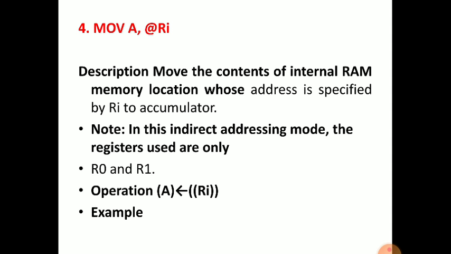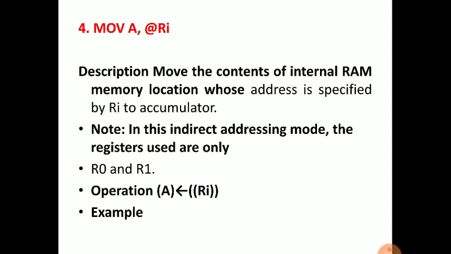Rn means general n, that is R0 to R7 you can use, but here we have used Ri, so only two registers are available for this operation, that is R0 and R1. In the note, second point: in this indirect addressing mode, the registers used are only R0 and R1.